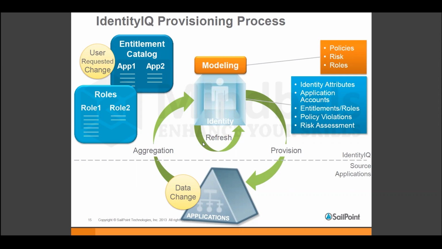Suppose you ran the aggregation from any application and you got all the data inside IIQ, but you have to populate that data inside each identity attribute, like first name, last name, email. In order to populate that data within each identity, we will run the refresh of every identity in IIQ. This refresh is a task that we have to run.